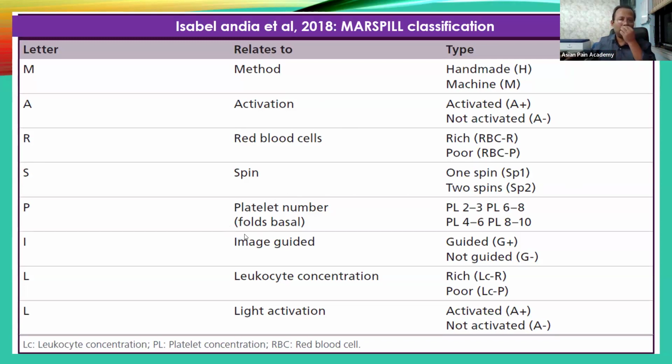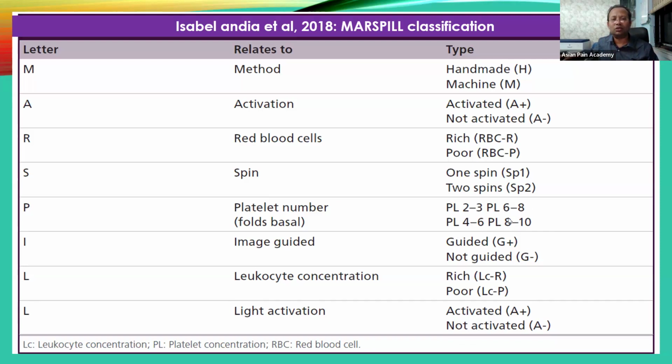Platelet number: how much should the platelet count be? Fold concentration means somebody used 2 to 3 times the baseline platelet level. Somebody used 6 to 8 times concentration. Somebody used 4 to 6 times.